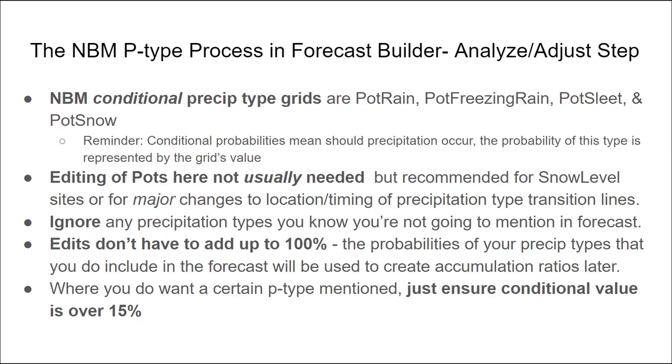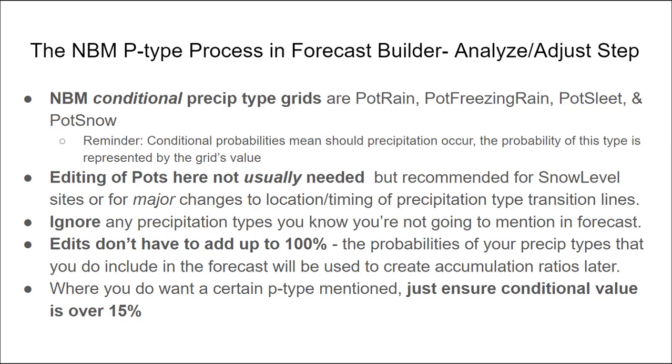Editing of these grids in the Analyze Adjust step is usually not needed unless you're at a snow level site or are making major changes to the location or timing of precipitation in the short-term part of the forecast. Also, unlike the NBM method from last year in ForecastBuilder, you can pretty much ignore precipitation types you're not going to forecast.